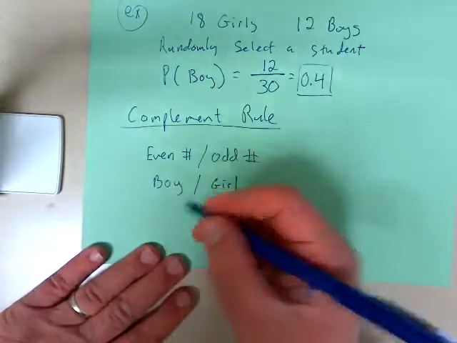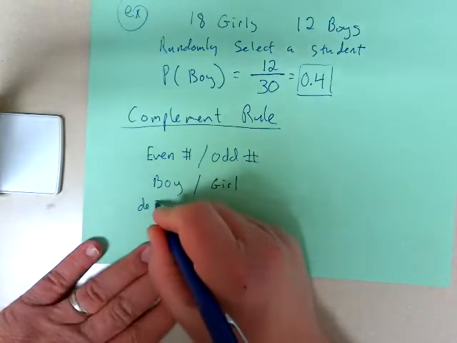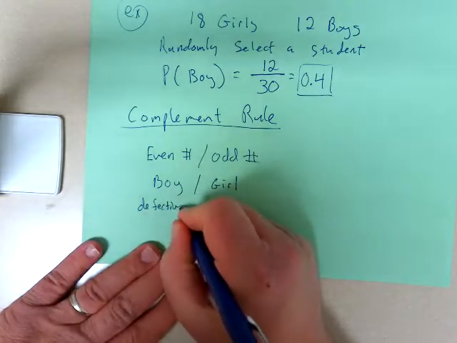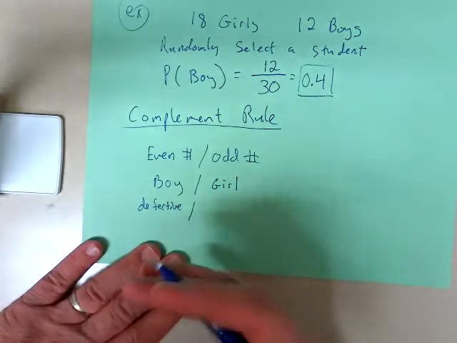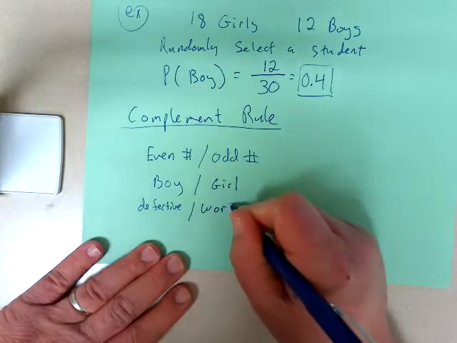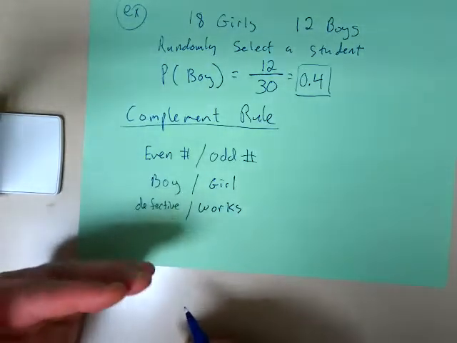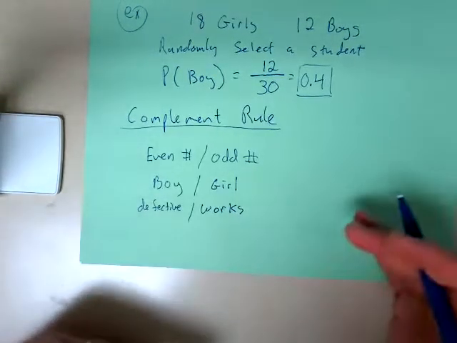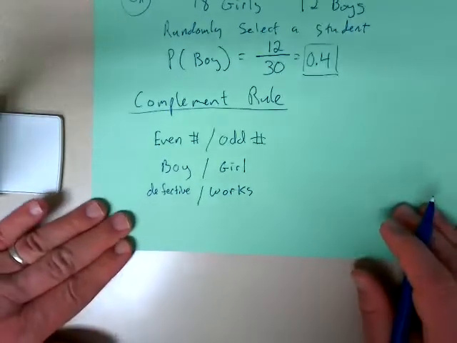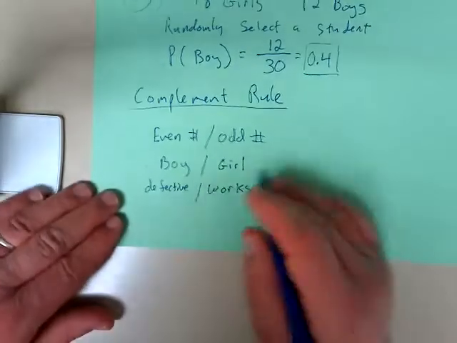You could have maybe a part is defective, like maybe parts coming off the assembly line, or the part works fine, right? So when it comes off the line, it's either defective or it works. Those are complementary events.